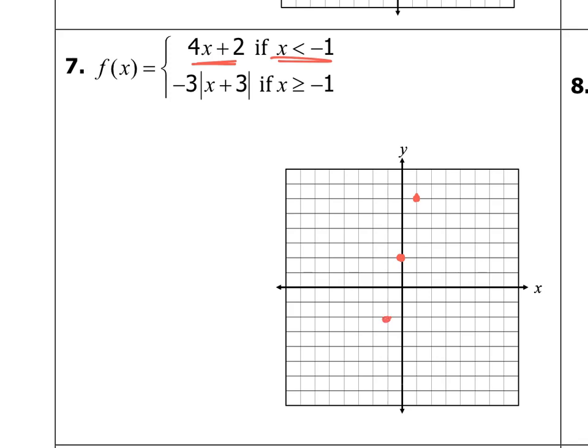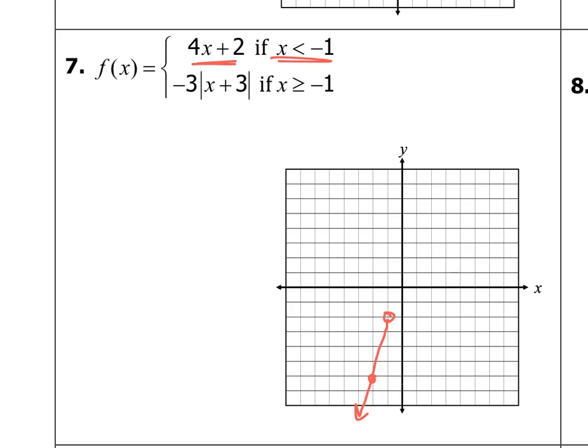And I'm really looking for this one where x is less than -1. Well, at -1 was at this dot that ends up being right here. So I'm going to put a circle there, okay, and then it's everything to the left of that circle. So my line is going to go this way. Okay, so instead of drawing the whole thing, I don't have to. And I'm going to erase these other dots.